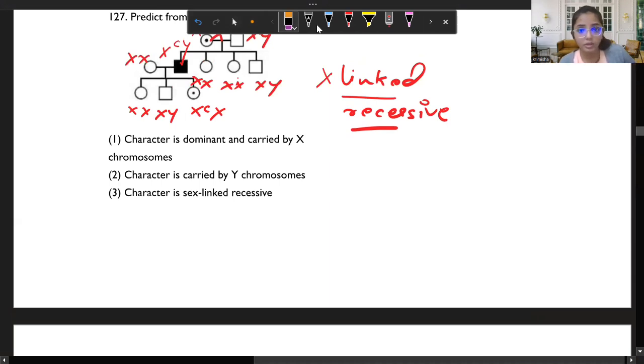Character is not dominant, so the first option is also not correct. Character is carried by Y chromosomes? No, that is also not correct, because if it was carried by Y chromosomes, a female could not be a carrier, as females do not have Y chromosomes. Then character is sex-linked recessive. Yes, the third option is the correct answer.